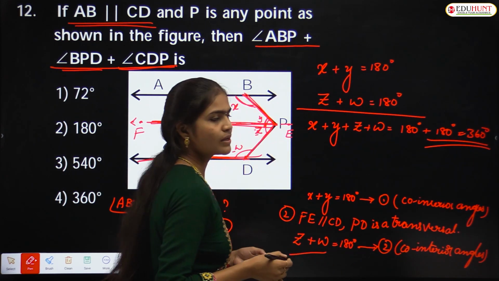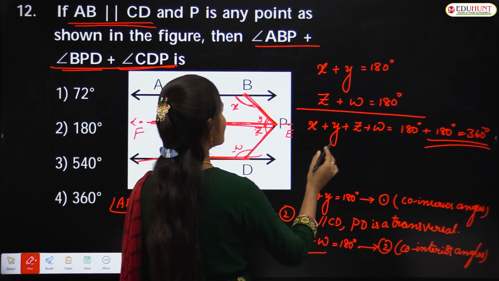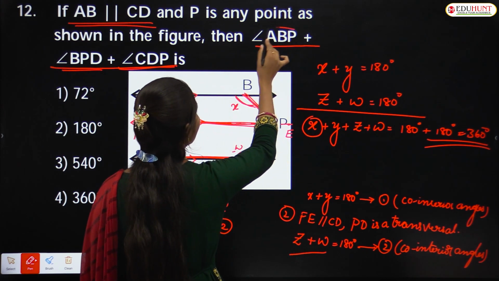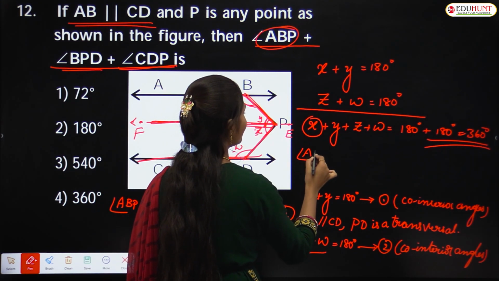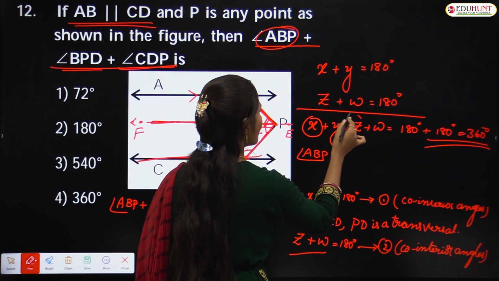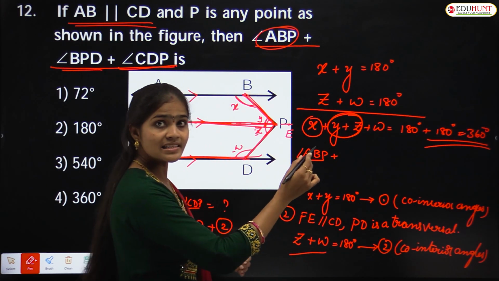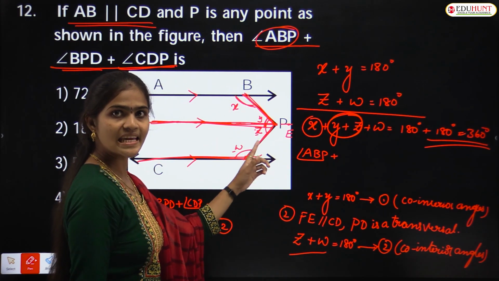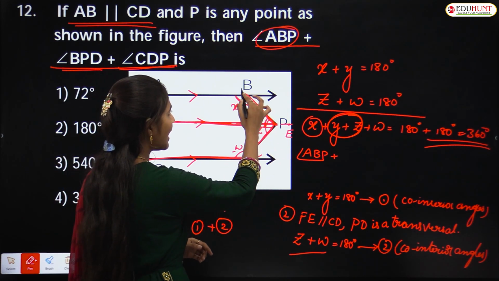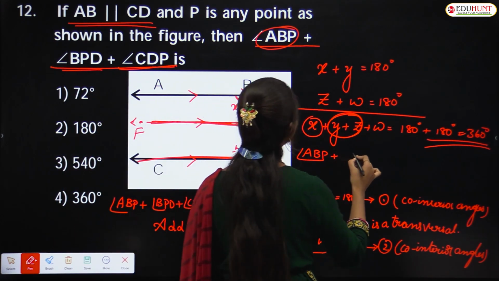Once observe that here x is formed at angle ABP, plus y and z. Y and z, those two angles are also formed at the same point, that is P, and what is that angle? Angle BPD.